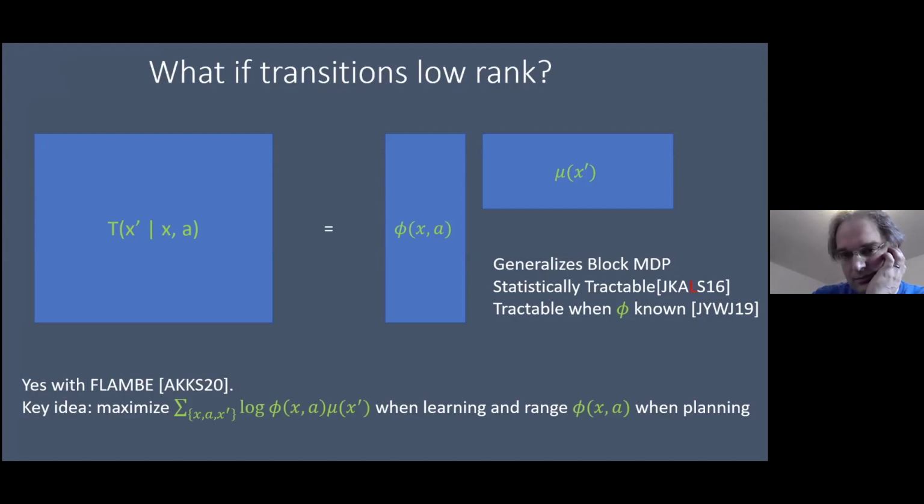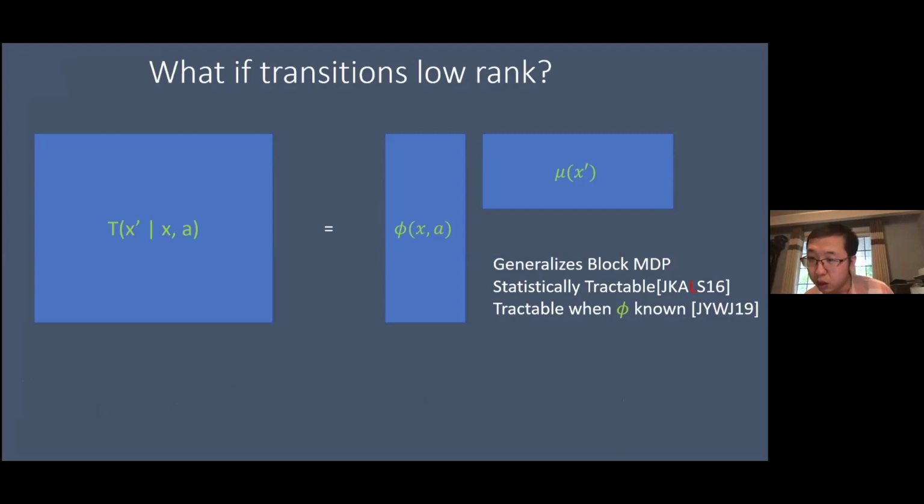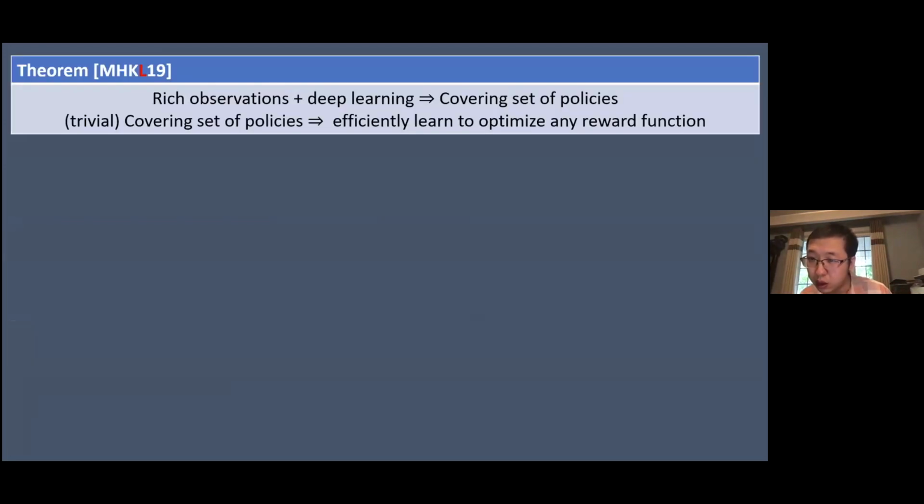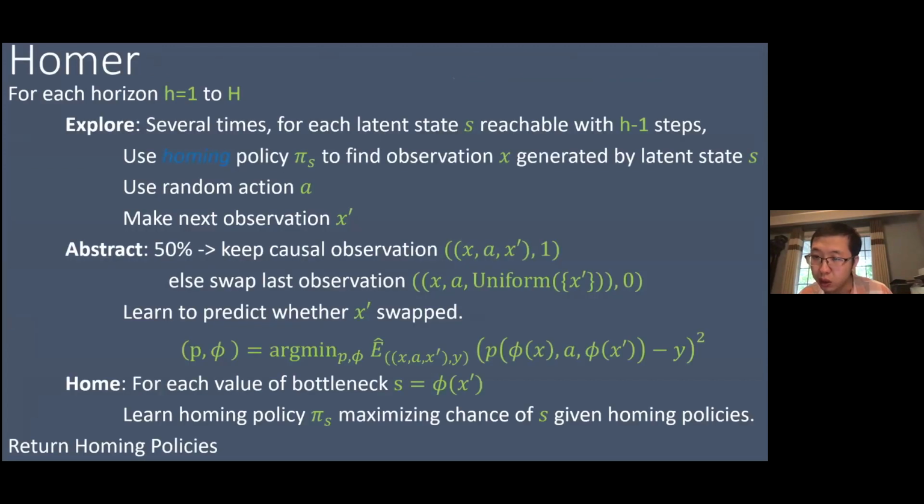Thank you. The next question is from Pavan. When noise is introduced, would improving the homing policy help, or would the previous stage of predicting the causal sequence need to be looked at?